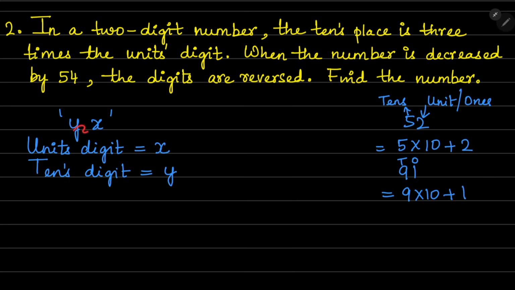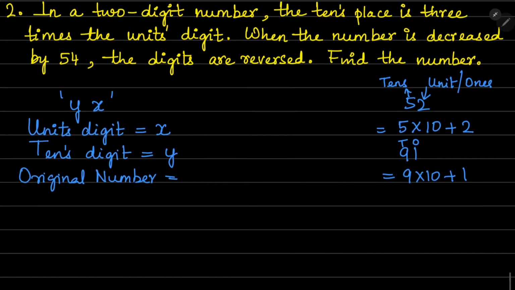Similarly, if the number is yx, what is the original number? Your original number will be y 10 times, right? 10 times you have y, and x is just once, one time, or units.